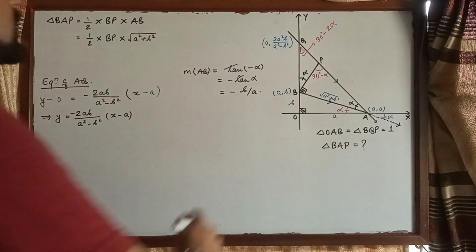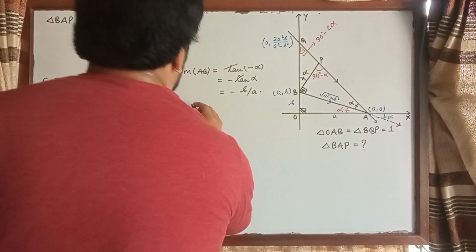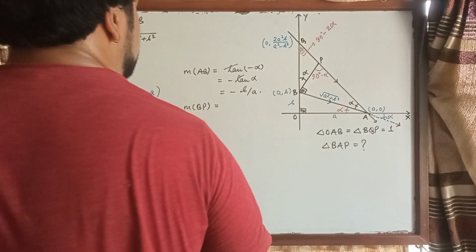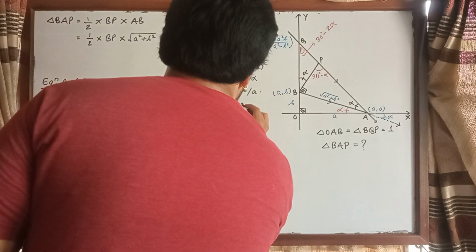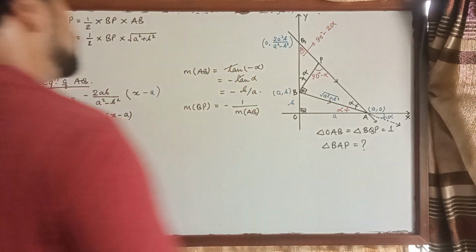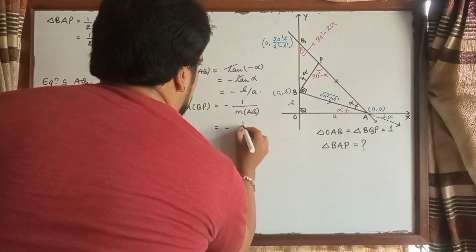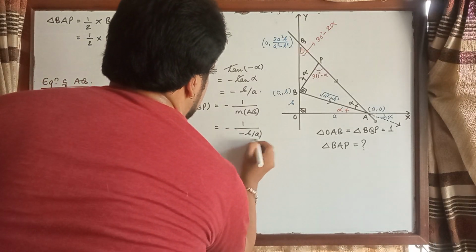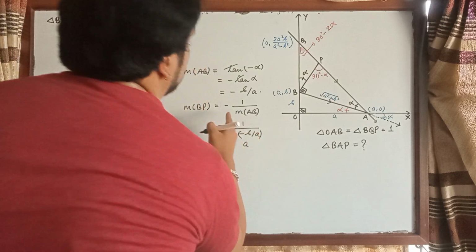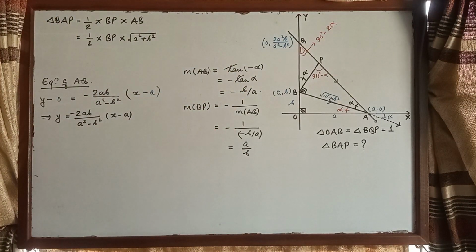So the slope of BP is equal to minus 1 over the slope of AB, which is 1 over minus b over a, which is a over b.